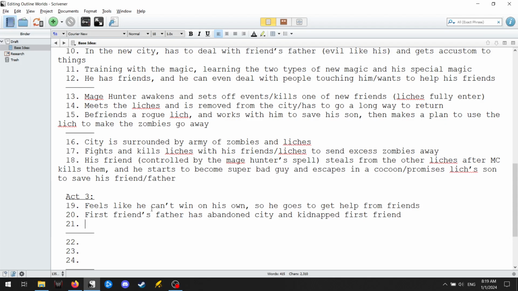So MC murders a lot of people to rescue friend and shows friend his dark side.